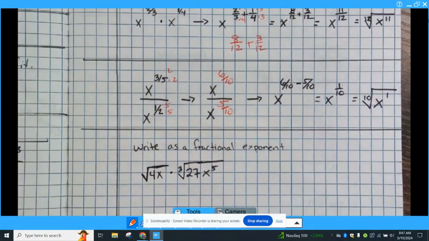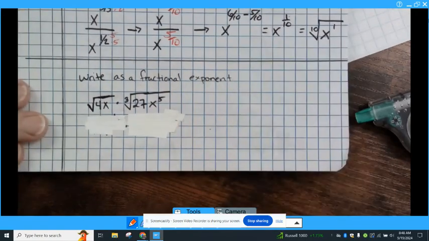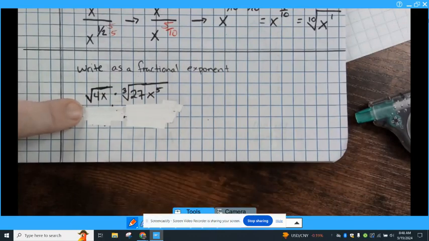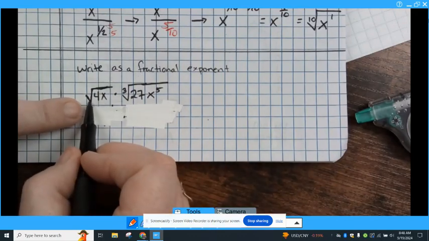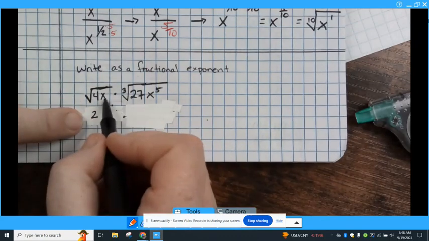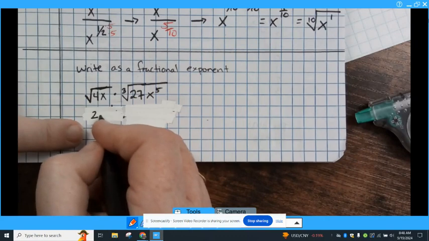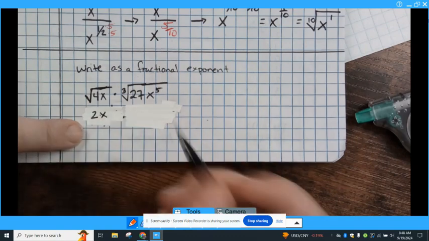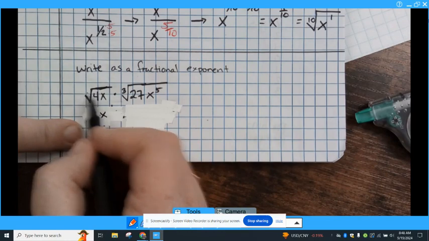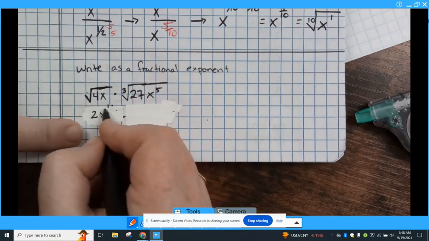And this one, write as a fractional exponent. The first thing I'm going to do is take any roots that I know. The square root of 4 is 2. I don't know the square root of x, so we're going to leave that as x, and to write it as an exponent, there's an invisible 2 right there, so 1/2.